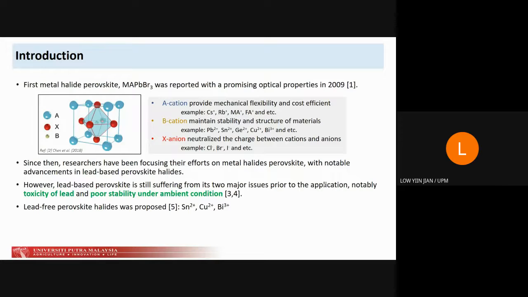And there are three main perovskite halides proposed as lead replacement materials. Tin and copper are introduced due to their isovalent properties to the lead, Pb2+, and unfortunately, both of their perovskite structures easily decompose or oxidize under ambient condition, making them unsuitable for the lead replacement.